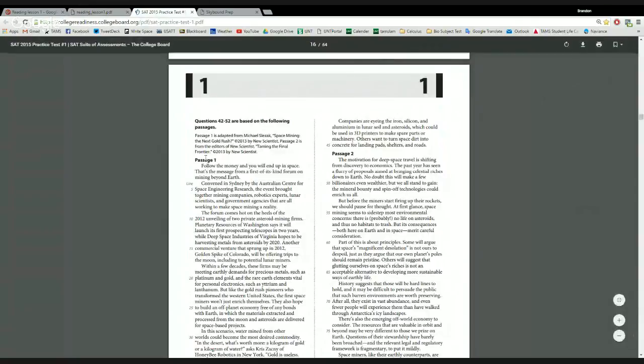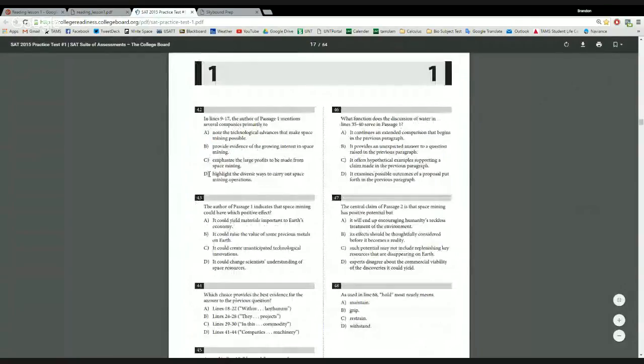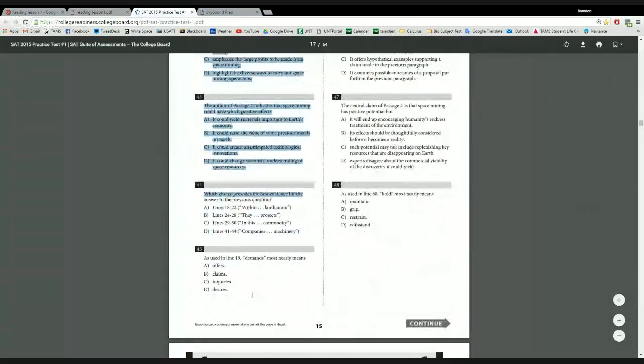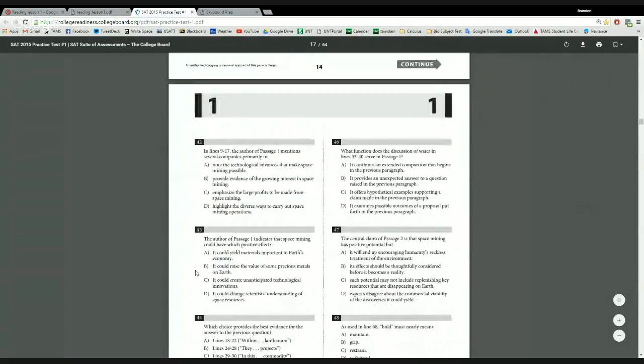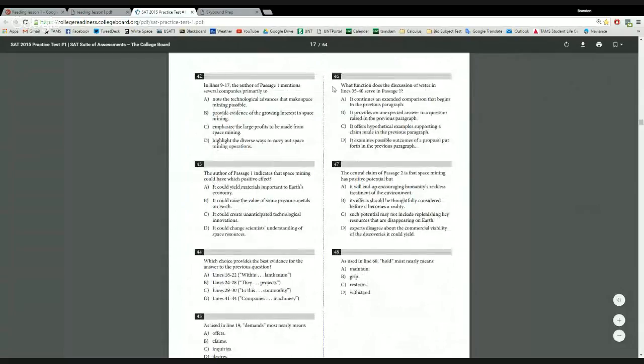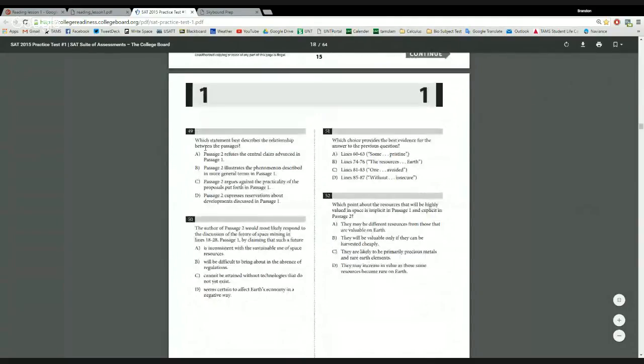It seems like all these are related to passage 1, so you just mark a 1 next to all these. 1, 1, 1. This one's also 1. This one seems to be with 2, so 2, 2. And these are actually all both, so you want to write B, B, B, B.